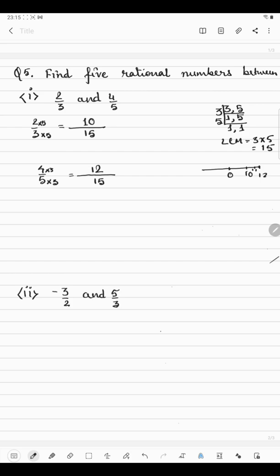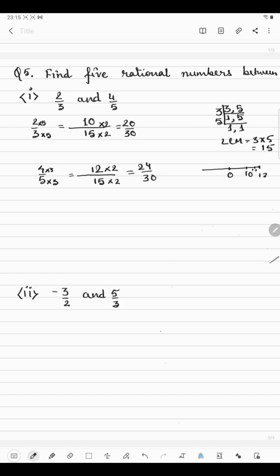That means we have to multiply further, and if you take a bigger number to multiply with this, then you don't have to multiply further. Like if suppose you are taking 2 here, the same number will be multiplied with the denominator, and here also the same number. So you are getting 20 by 30, and here you are getting 24 by 30.